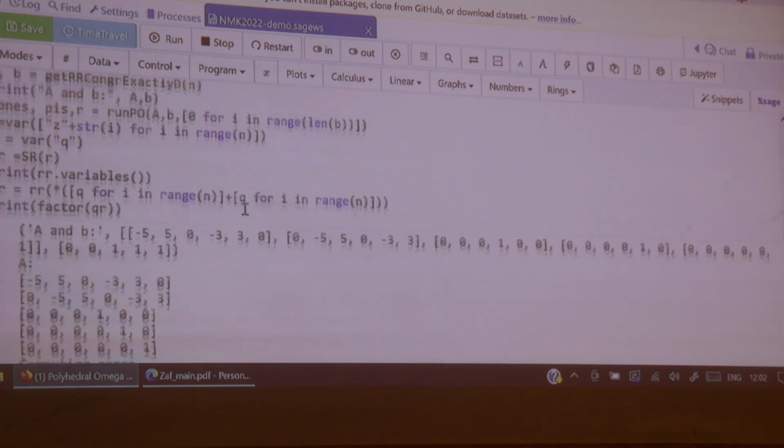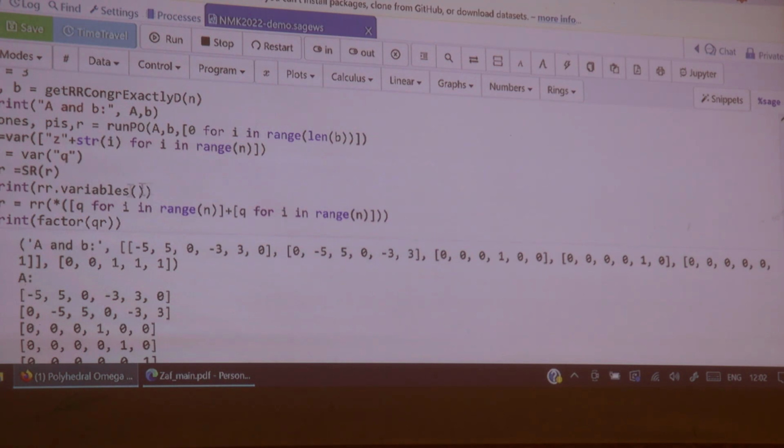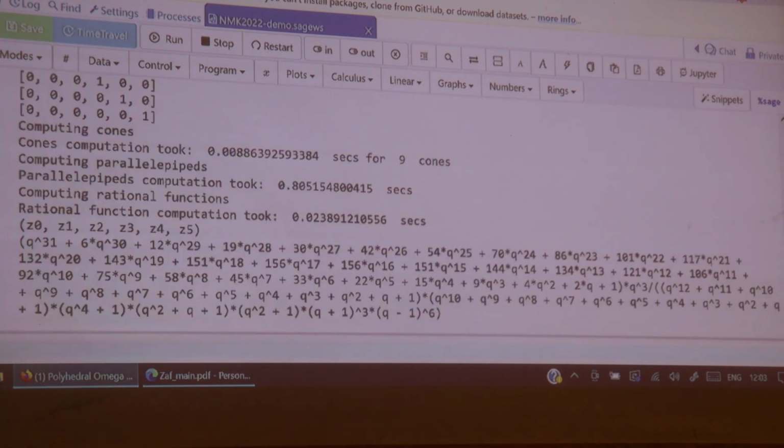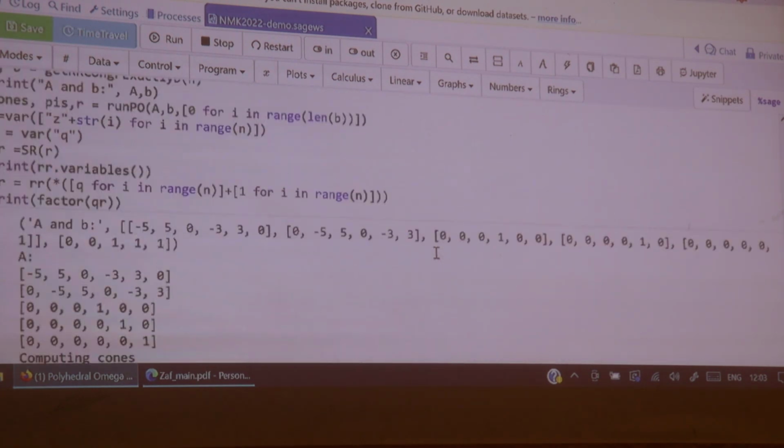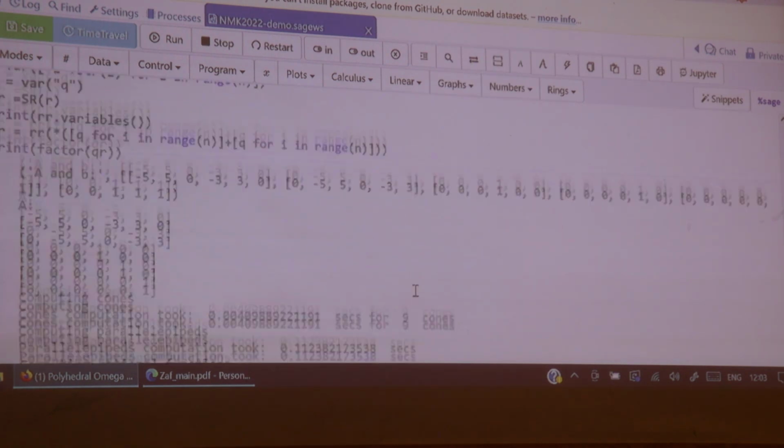Let me, so what we do is substitute again. What I want is this substitution. No, apparently that's not the substitution I wanted.